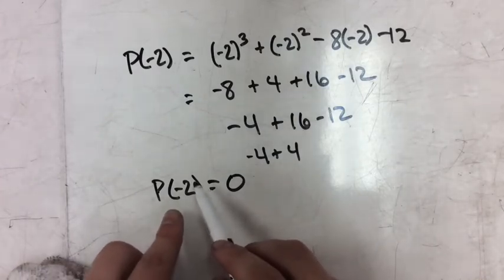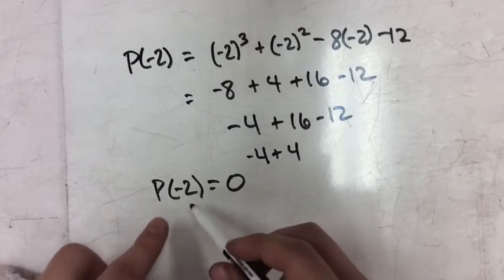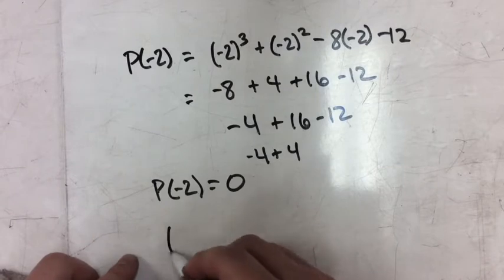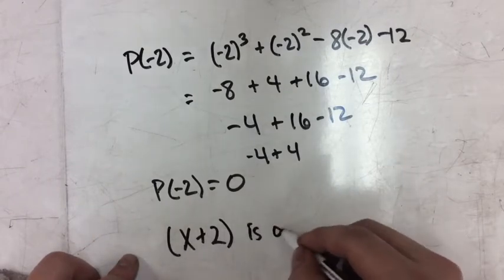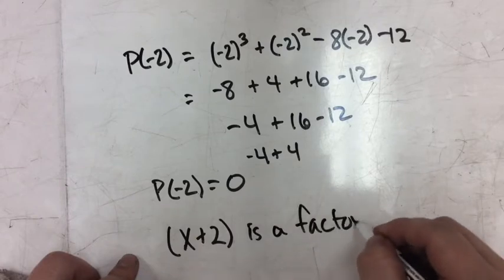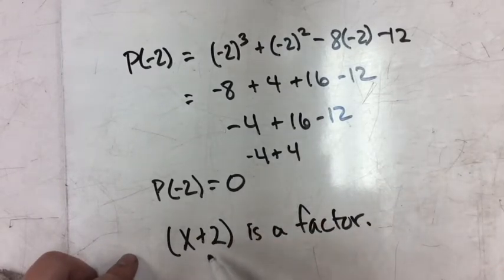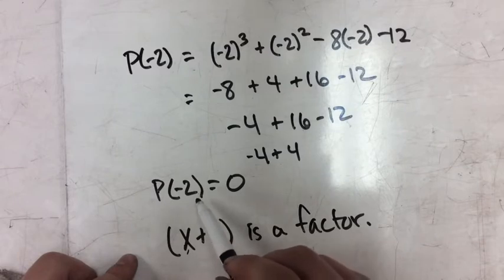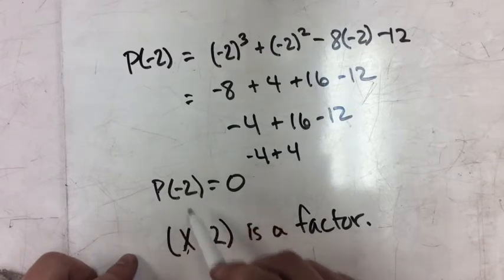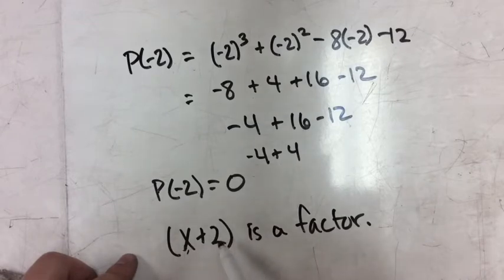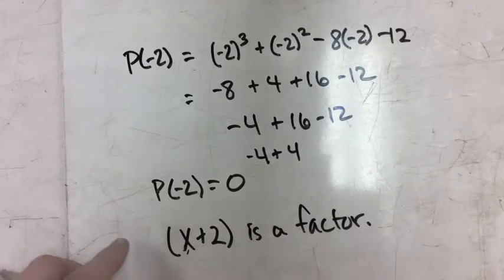This means that negative 2 is a factor. The way we represent that is saying x plus 2 is a factor. To check to make sure you're saying this right, if you put negative 2 in here, this should become 0 also. Or if you want to think of it this way, you say x plus the opposite of whatever you got here. So if this was positive 2, you'd say x minus 2 is a factor. But since we got negative 2, we're going to say x plus 2 is a factor.